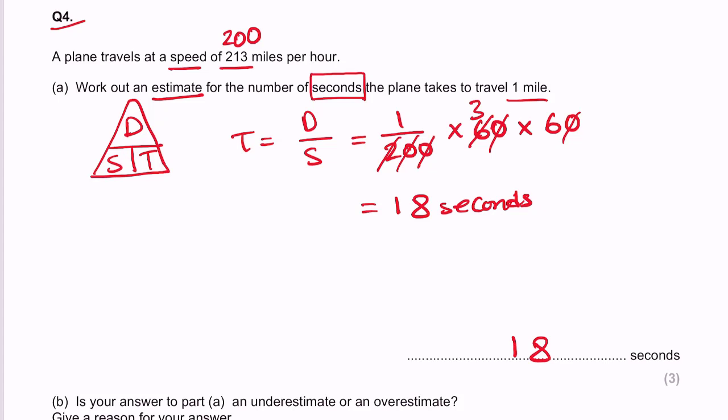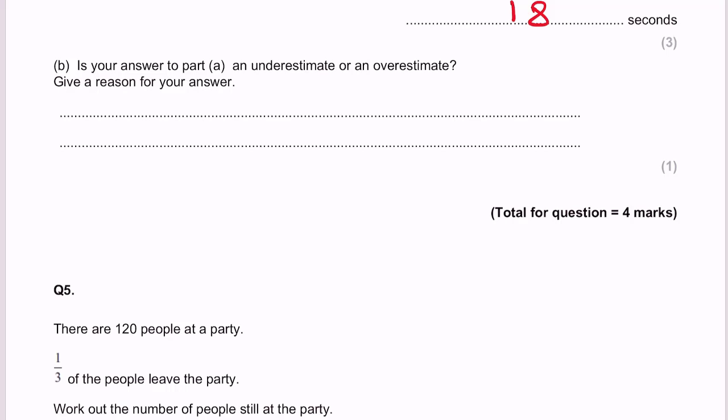On the mark scheme, it's telling us if the answer is between 16 to 20, you will get the mark. Okay, so that's the answer for this question here. Question B, is your answer to part A an underestimate or an overestimate? Give a reason for your answer.